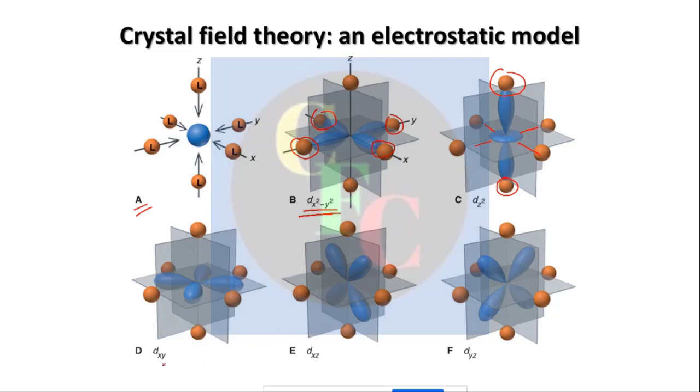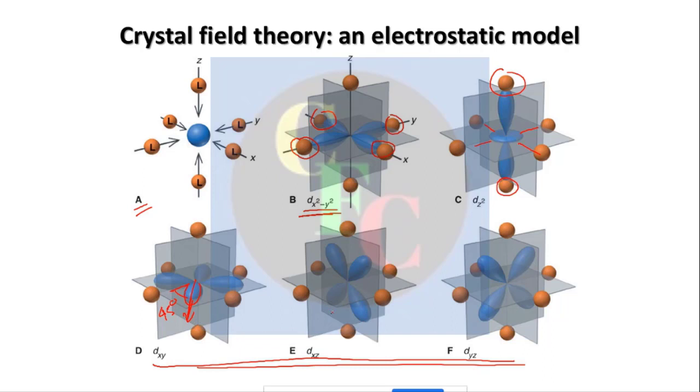But for these 3, you see, none of them faces the ligands directly. The ligands approach in between them because these lobes are between the axes, right? So the minimum angle between the ligand and the lobes of the orbital is 45 degrees in all of these cases. Only the planes are different, but it is the same case, right?